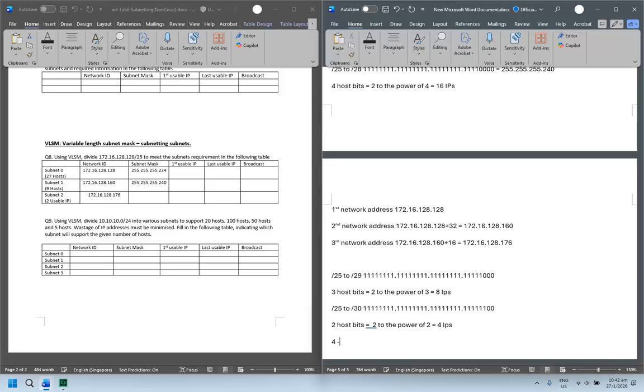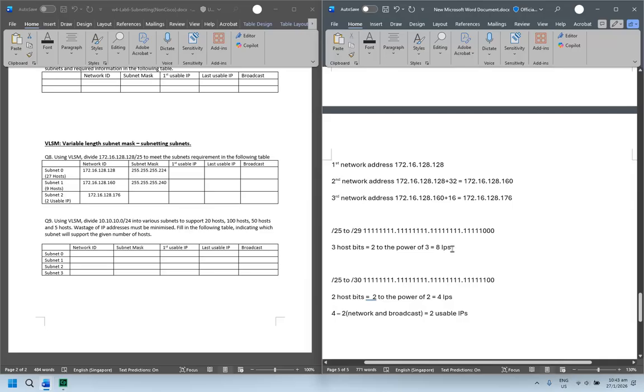So 4 minus 2, because of the network and broadcast, I'll be left with 2 usable IP. So you can see that if I use /29, I have 8 IP, 8 minus 2 is 6, and 6 is still more than 2. But if I use /30, it gives me 2. So that means I should be using /30.